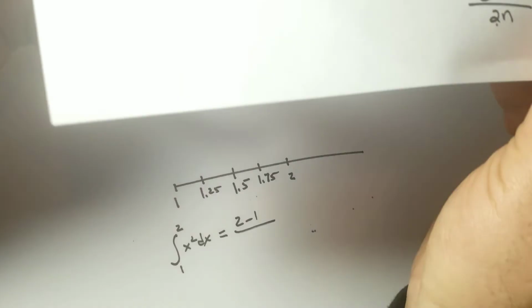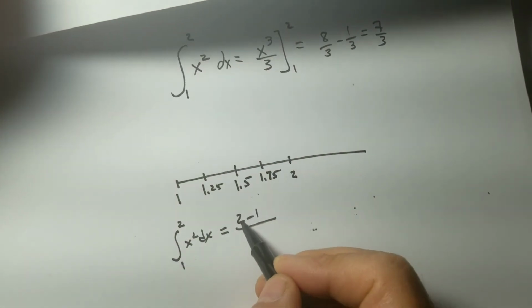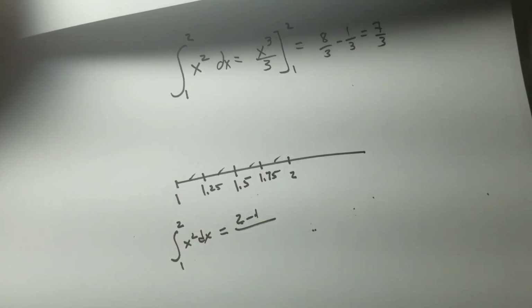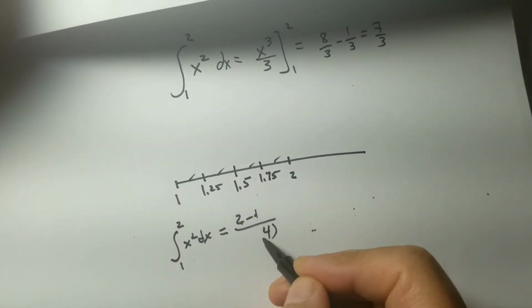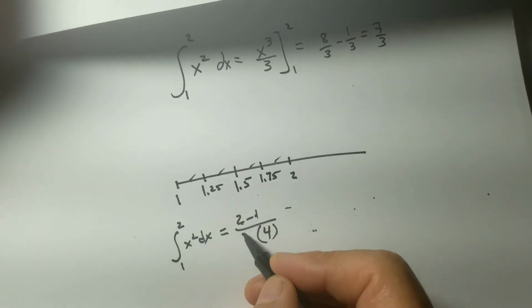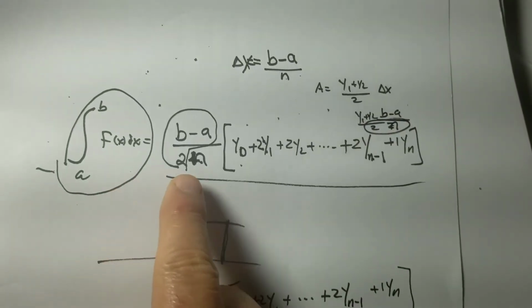Okay. What is my b? 2. What is my a? 1. How many trapezoids am I going to have? 4. But don't forget, you take the average of the bases. That's the 2n.